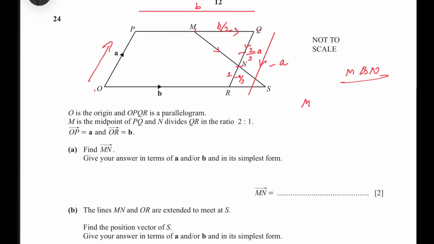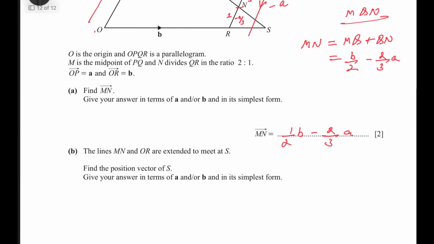So MN will be equal to MQ plus QN. MQ is B by 2 and QN is minus 2 by 3A. So that's how you represent it: B by 2 you can represent as half B minus 2 by 3A. That will be MN.